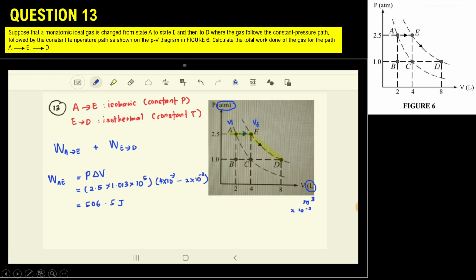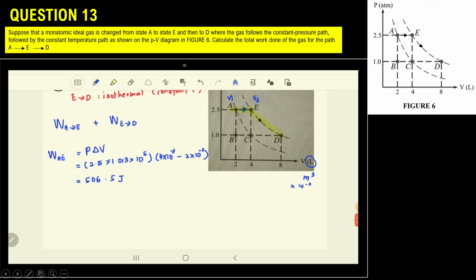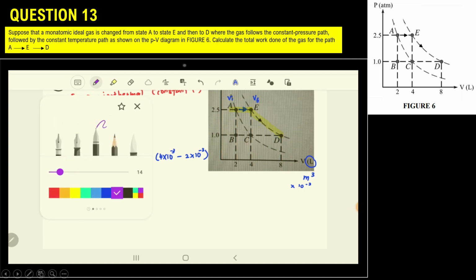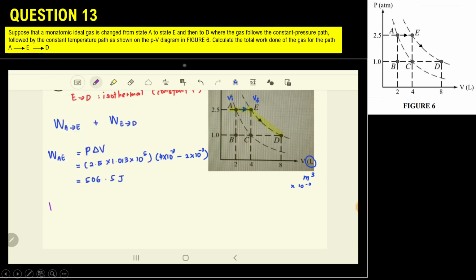And for the isothermal process, I'll use another color. Here we have the work done from E to D. It's an isothermal process, and we can write it as nRT ln V final over V initial.